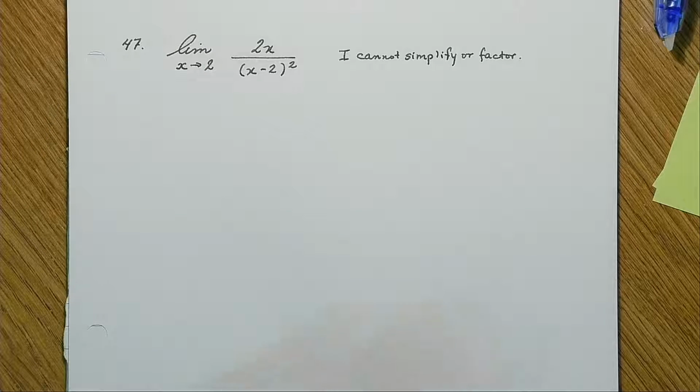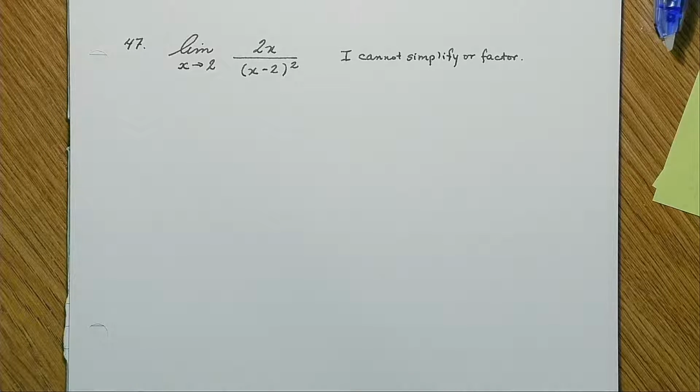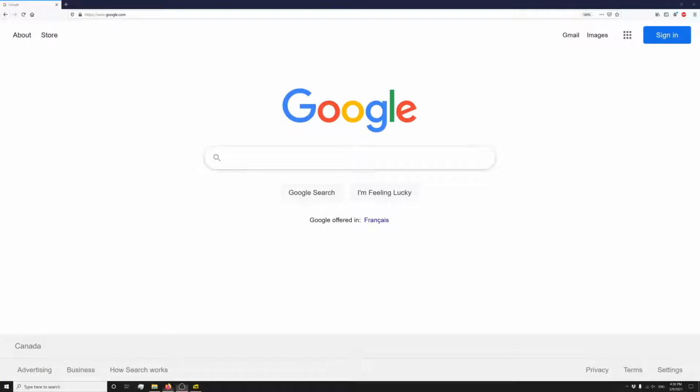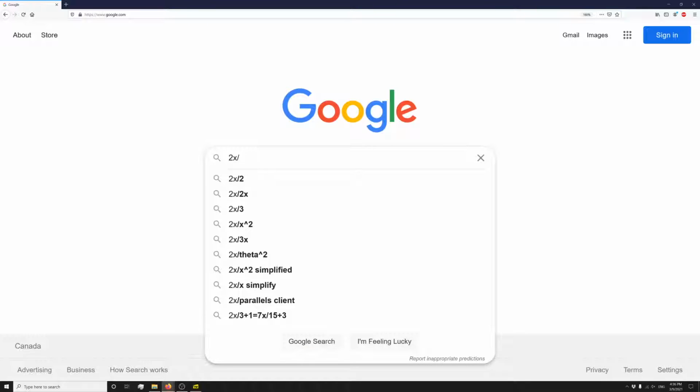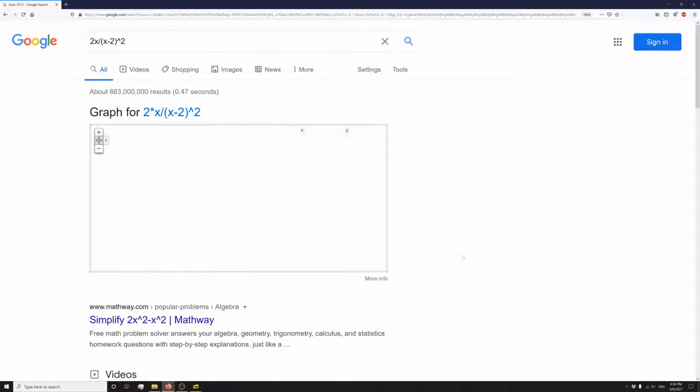And what I can do is show you a graph. So again, we'll use Google, and I will switch over to the screen. We're looking at 2x over x minus 2 squared, just to have a look at the graph.